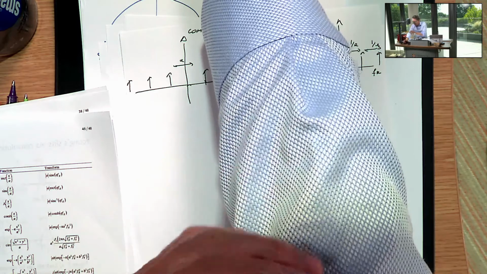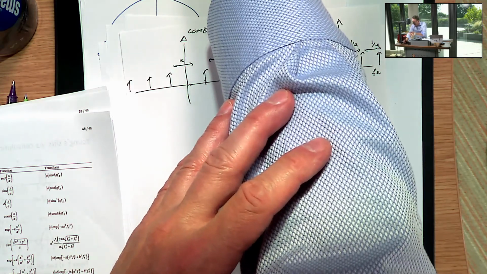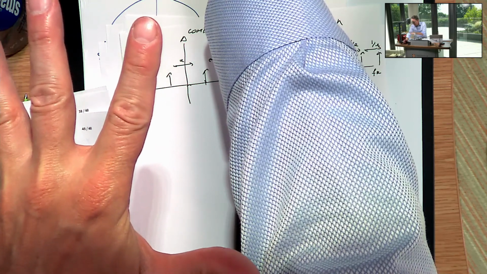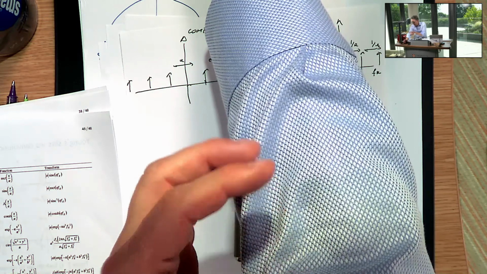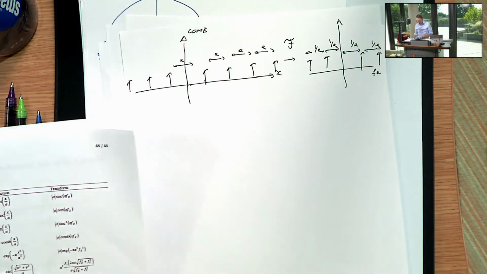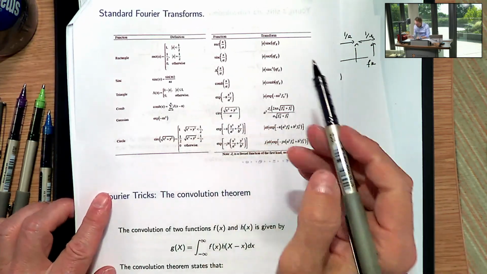So for this fine pattern here, you get a relatively wide spacing in Fourier space. But if the checkered pattern is much larger, then of course in Fourier space the pattern will contract because the frequencies are lower.